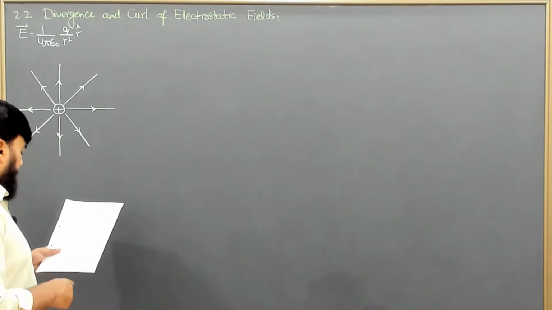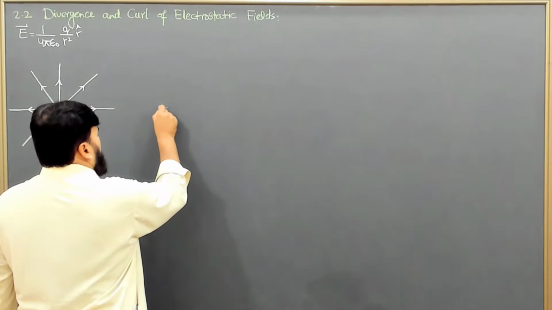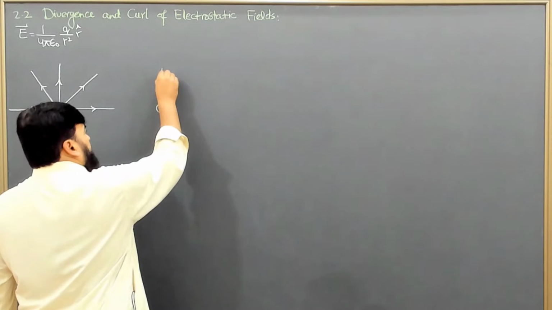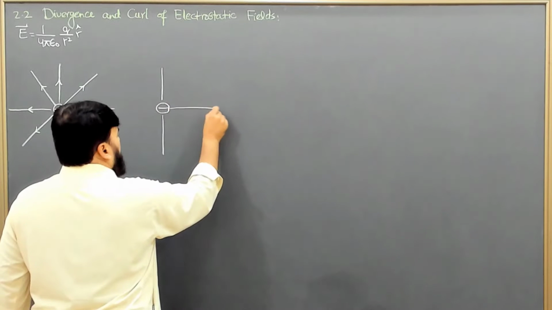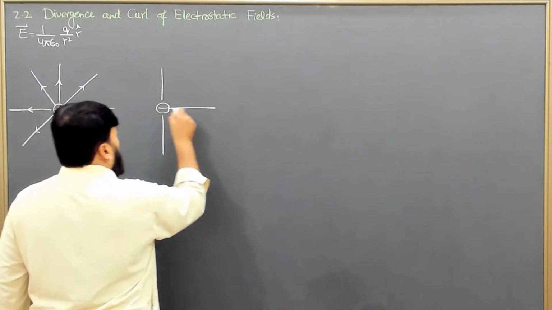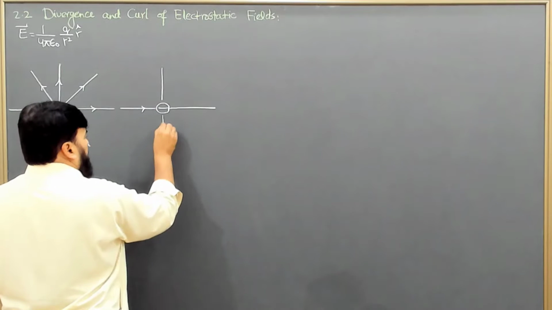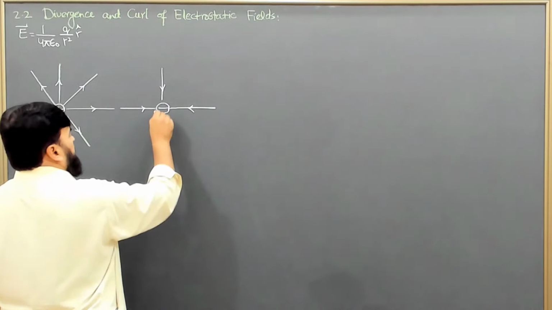And if we have a negative charge, we represent it with the same field lines, but now, instead of outward, they will be inward, just to show the convergence, the opposite of divergence.